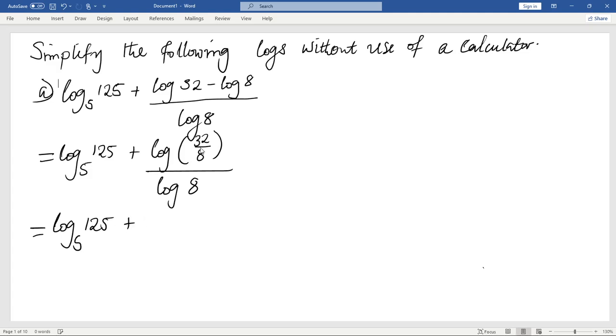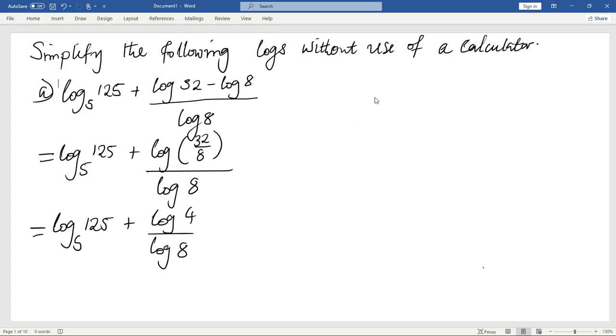Plus 8 into 32, we're going to get 4. So we have log 4 divided by log 8.